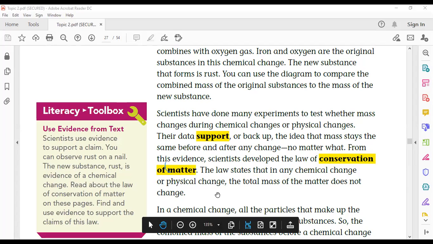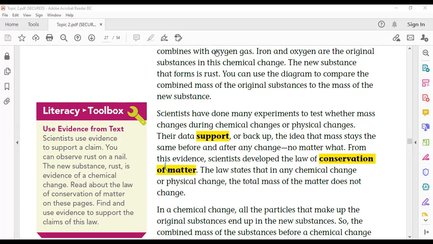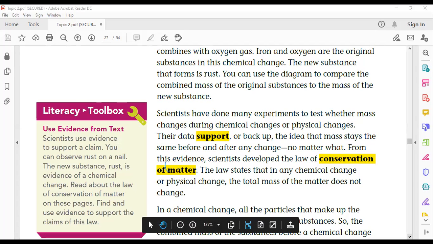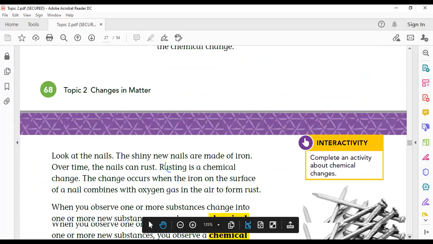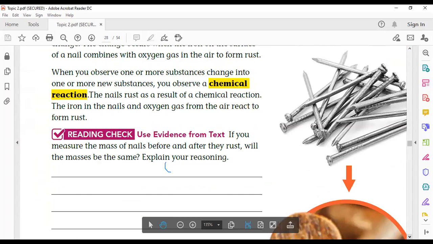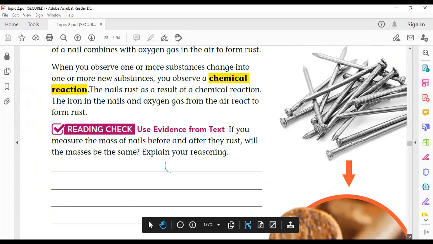This is simply what we mean by the law of conservation of matter or mass. Also, sometimes a chemical change is called a chemical reaction.